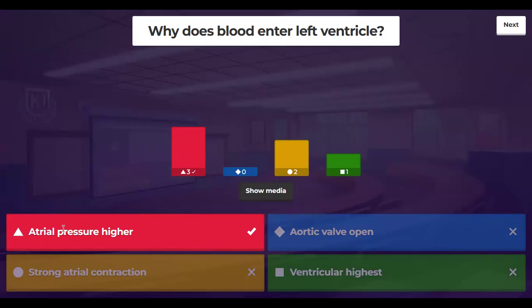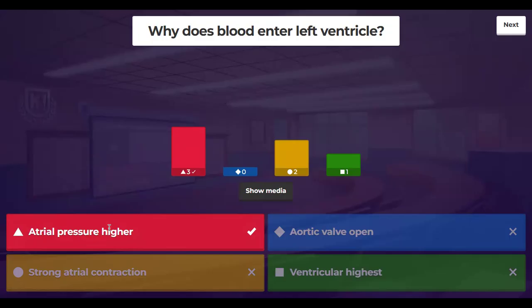You all understand why it's atrial pressure higher? First of all, do you all understand why this one is the correct answer before I explain it? Okay, Leonie, explain it to us. Because when it enters the left ventricle, the pressure is higher to enter the aorta.